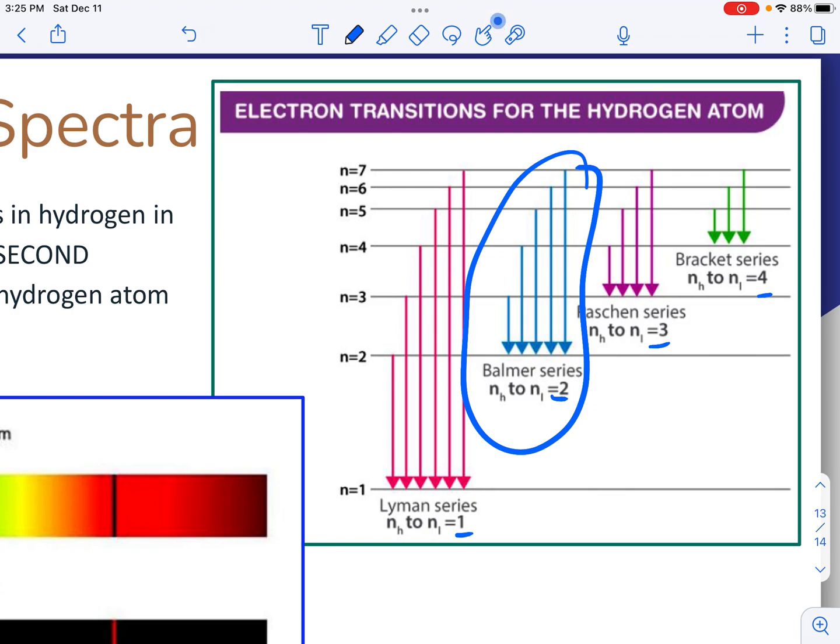So each one of these transitions corresponds to a different wavelength of an energy of light, right? Something that I want you to think about is that energy level 1 is closest to the nucleus. So the nucleus would be here, and the edge of the atom would be out here somewhere. The way that we discuss this is that the edge of the atom gets an energy of 0 kilojoules. And so as we come closer to the nucleus, these values are negative, right?